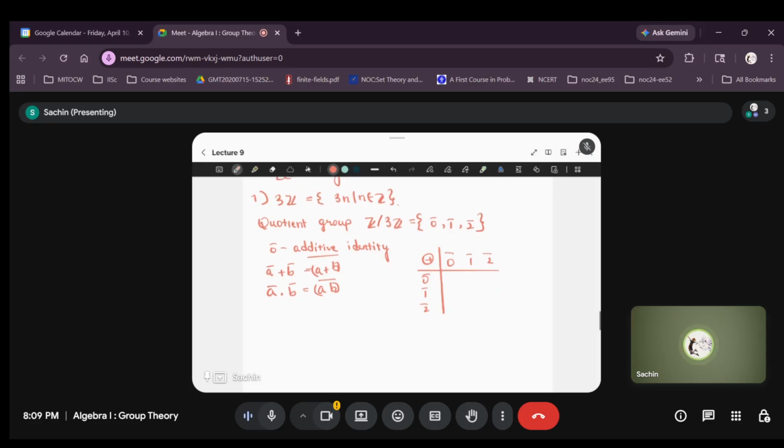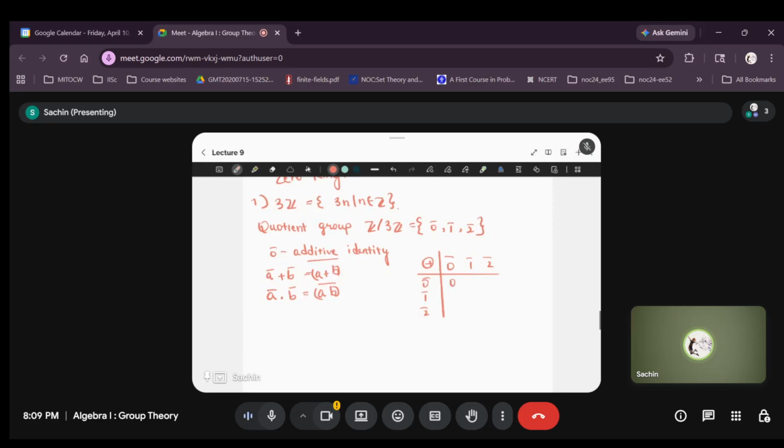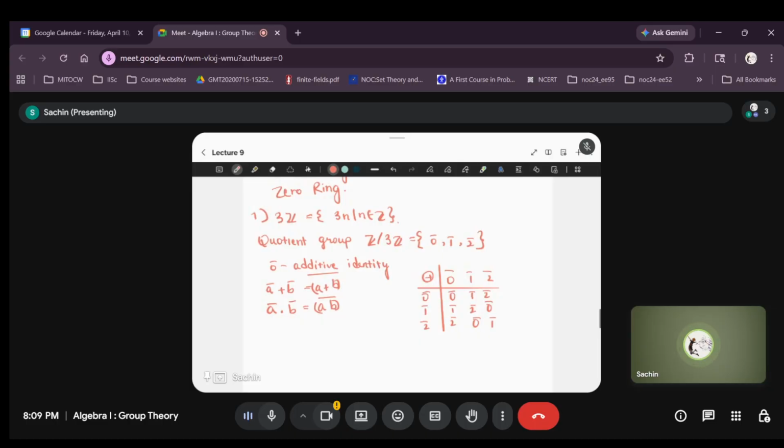When it comes to addition, if you want to write the table, this is the 0 bar, 1 bar, 2 bar, 0 bar, 1 bar, 2 bar. Multiplication, it will be 0 bar times 1 bar is 0 bar.